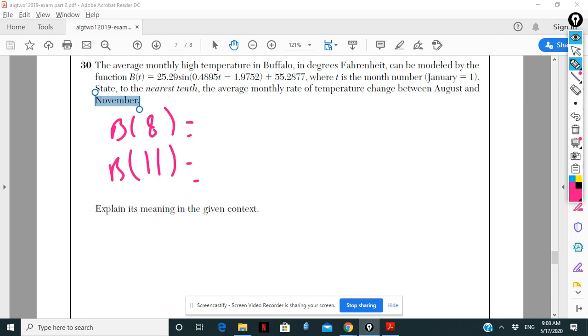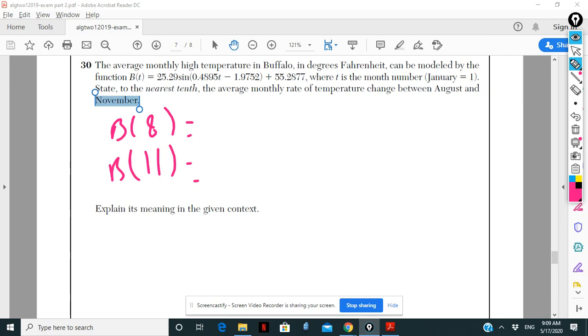So first, I'm in radian mode now. So 0.489 times 8 giving me 3.912 minus 1.9752 giving me 1.9368.